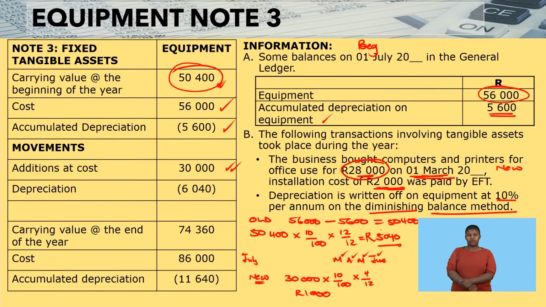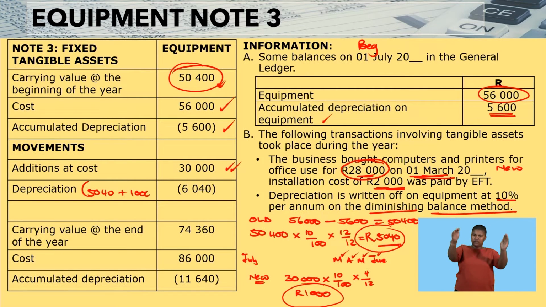So I have two depreciation amounts. I have 5,040. I also have 1,000. So when I come here on depreciation, I'm now adding my 5,040 plus my 1,000. That gives me 6,040. In there, it is depreciation for the old and depreciation for the new.